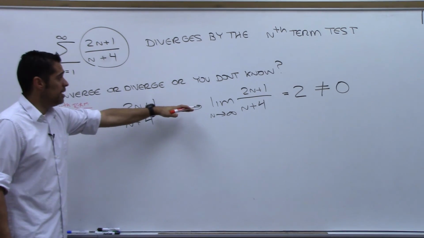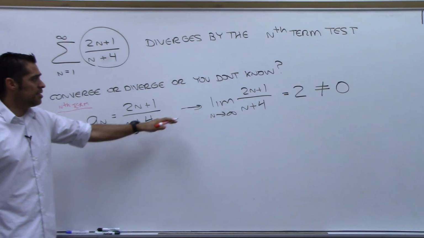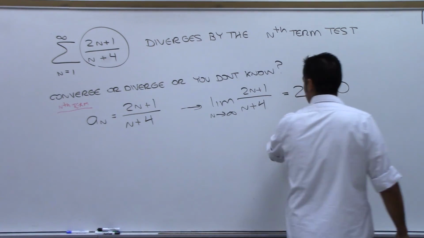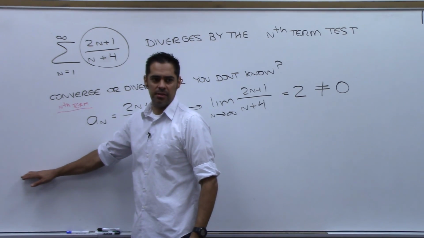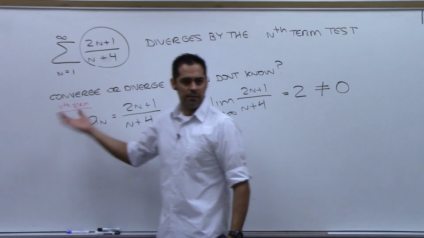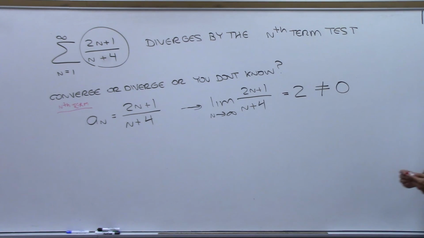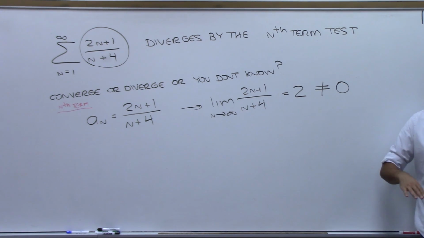And if it finishes, you're done. But if this turned out to be 0, what would I say? Fails, and then you go to your next test, and you have to choose which test fits for this problem. So it's one thing followed by the other, and hopefully at some point one of the tests will work.